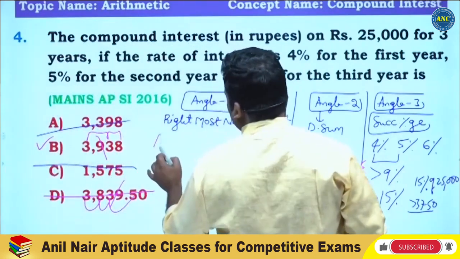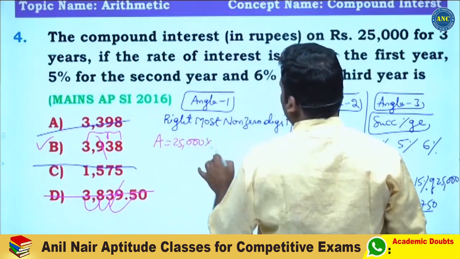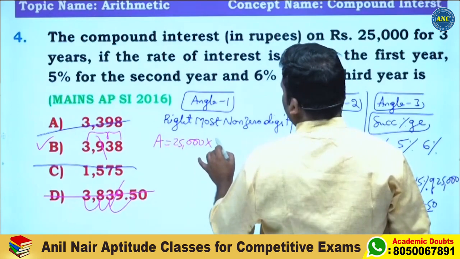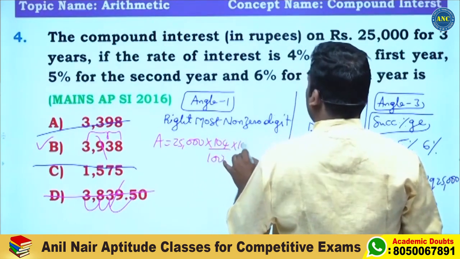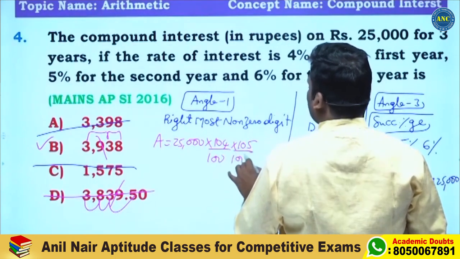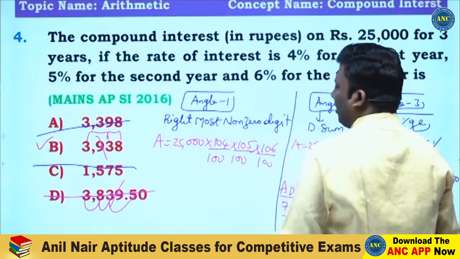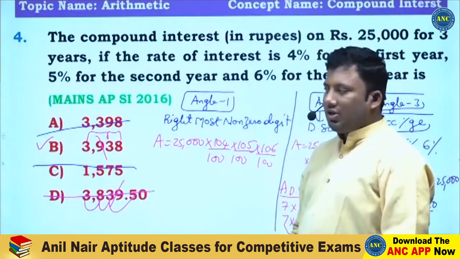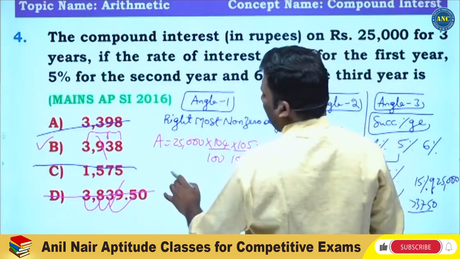Suppose the amount rightmost non-zero digit, it is 25,000 into 104 by 100, 105 by 100 and 106 by 100. Find out the rightmost non-zero digit of the amount.